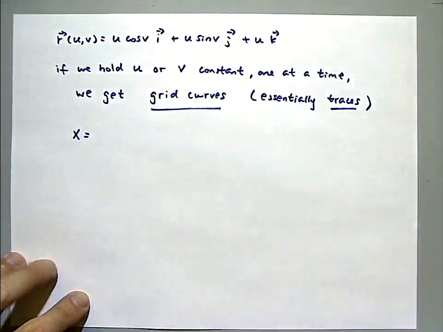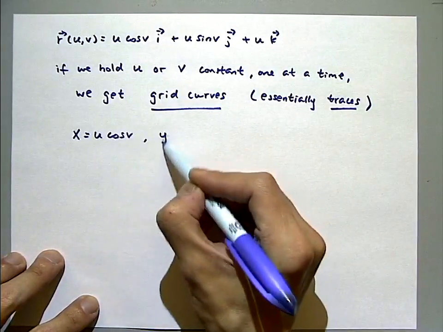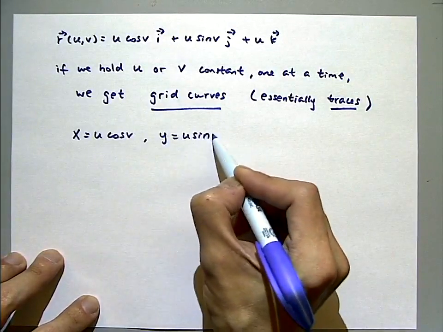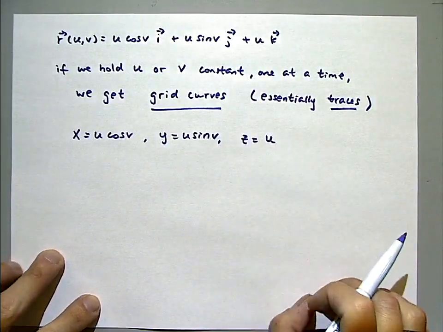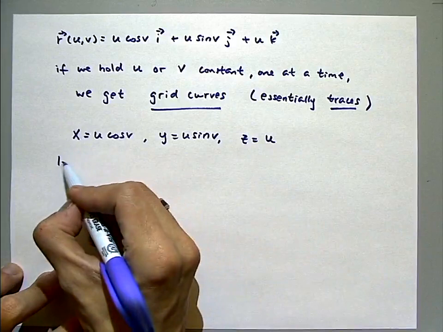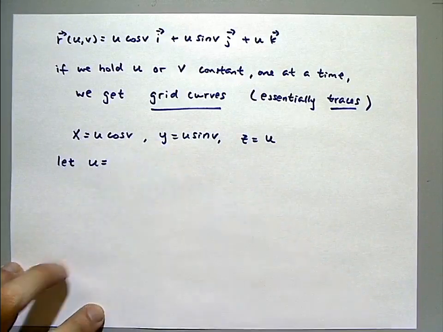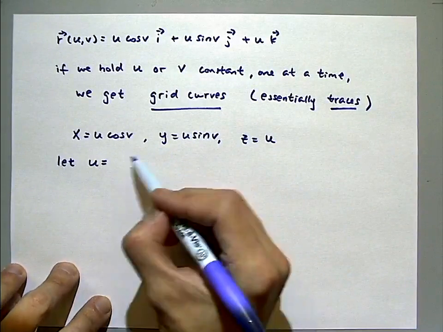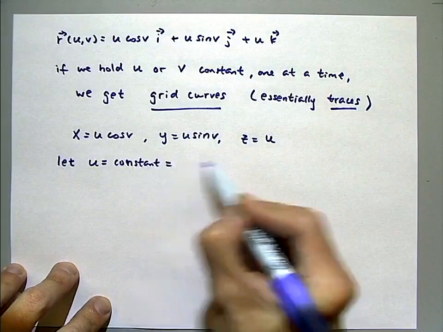Here we have x is equal to u cosine v, y is equal to u sine v, and z is equal to u. Here, let's let u be a constant, and we'll call that c.